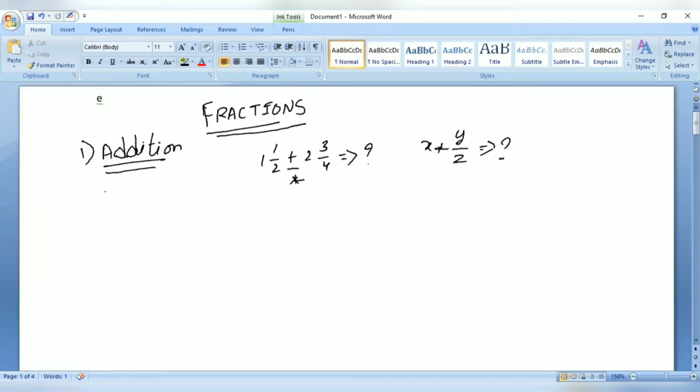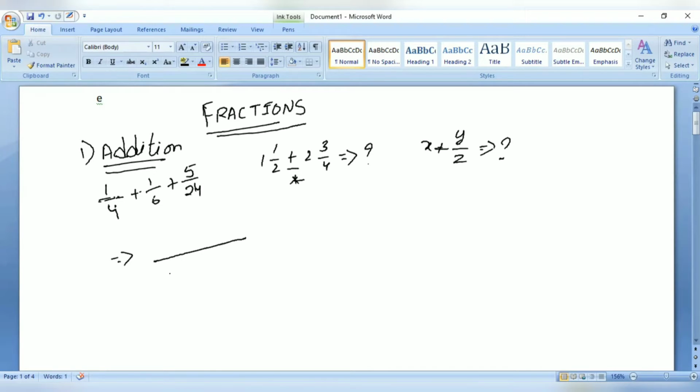For example, let us start with the basic method that we know. If there is a problem like this, 1 by 4 plus 1 by 6 plus 5 by 24, how are we going to handle it? We will solve this with the generalized method.